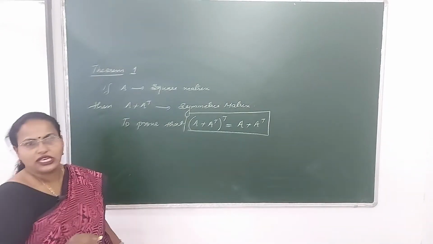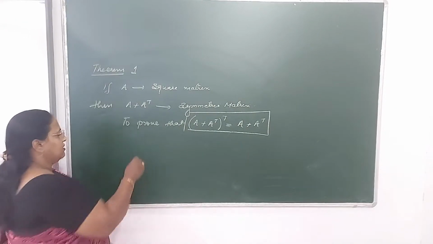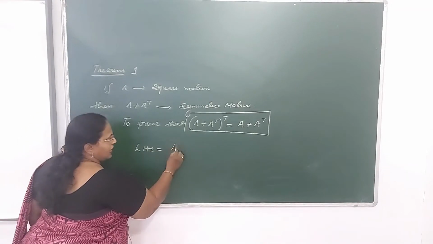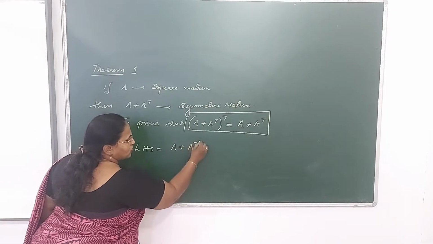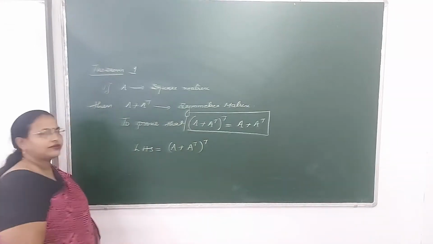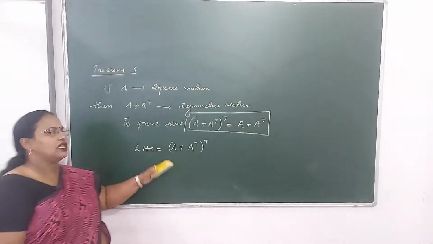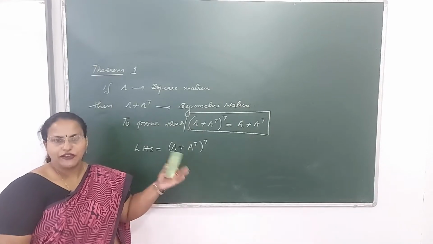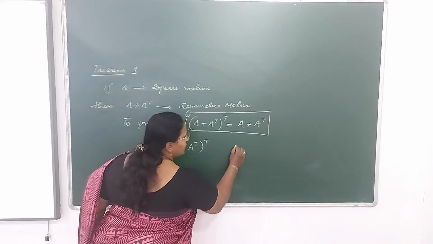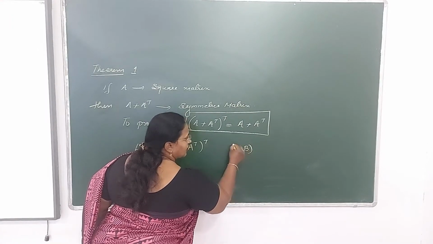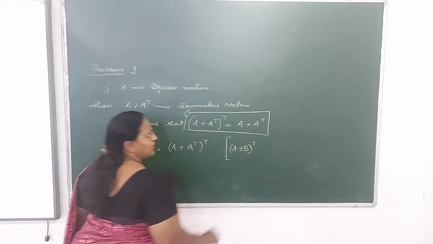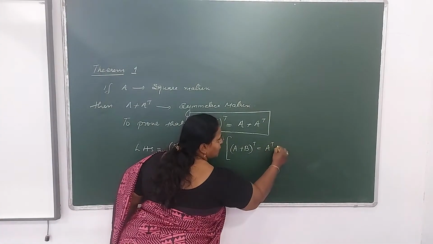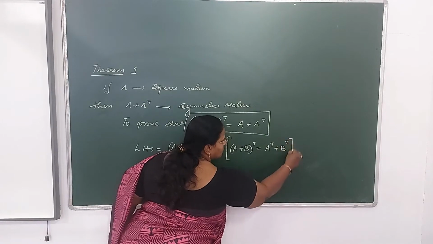For proving this, you will be taking the left hand side. So LHS is equal to A plus A transpose whole transpose. We'll be applying the property based on transpose. Last class I told you, if A and B are comparable matrices of any order, then we have the property A plus B whole transpose is equal to A transpose plus B transpose.